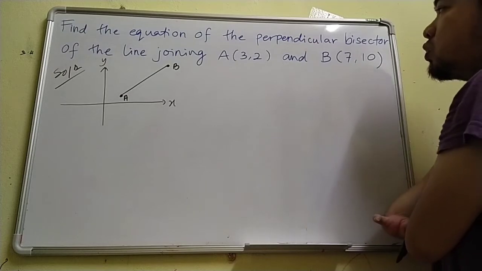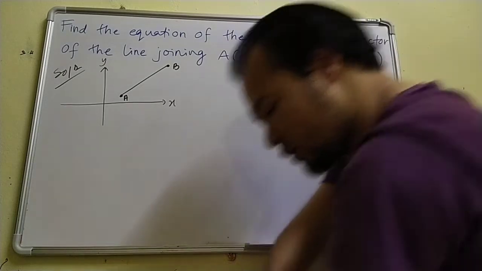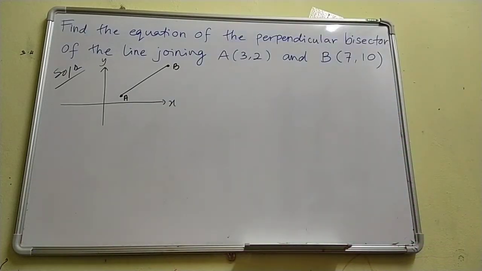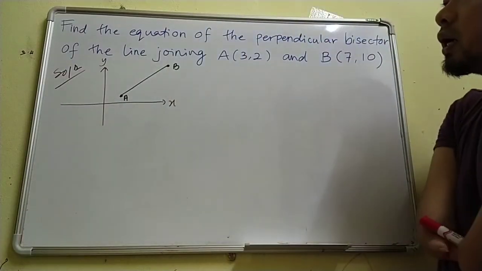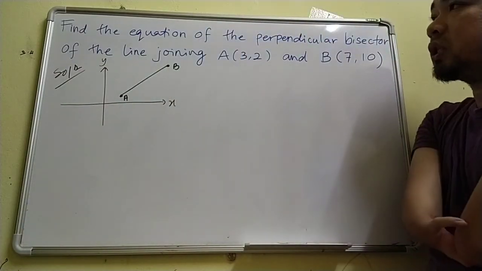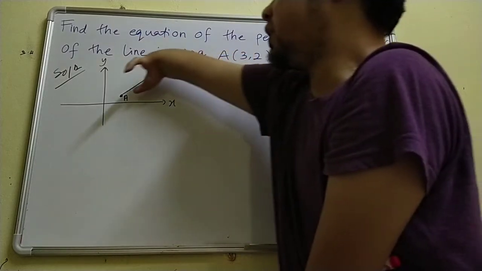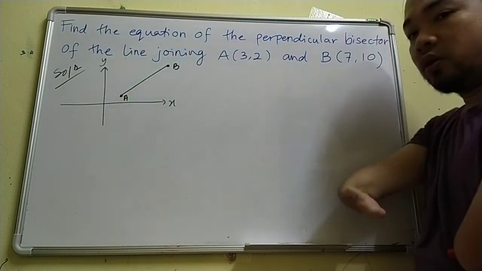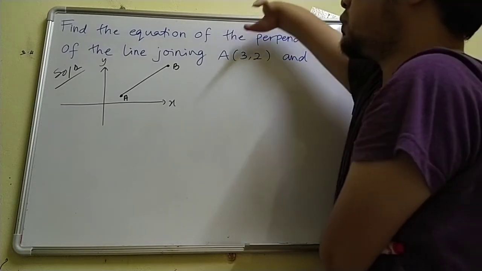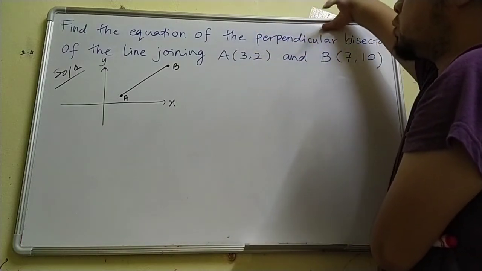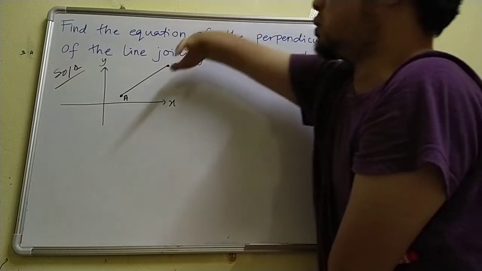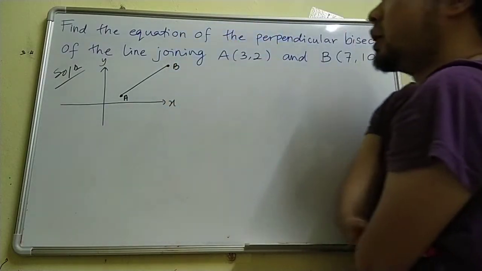So which one is actually the equation that you need to find? Is it the equation of this line AB? No. They say the equation of the perpendicular bisector to this line.